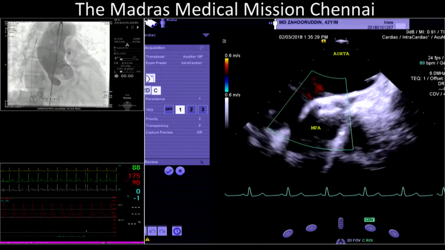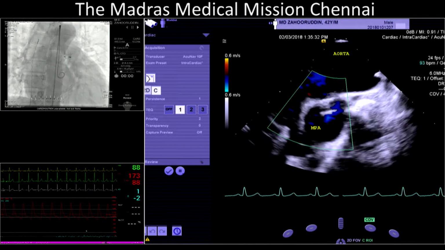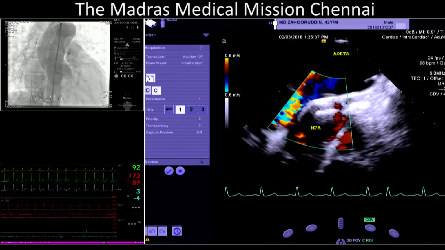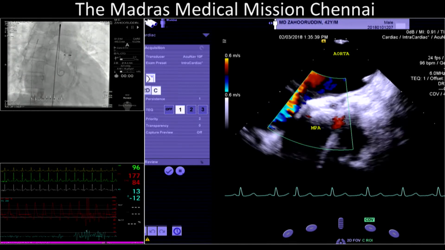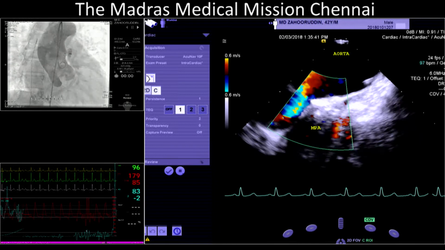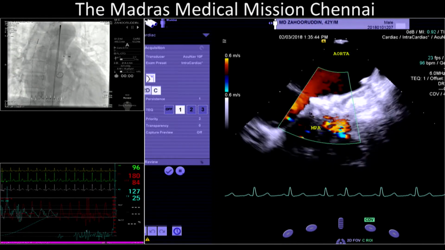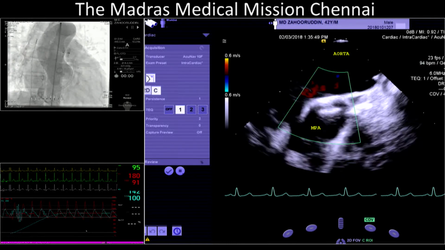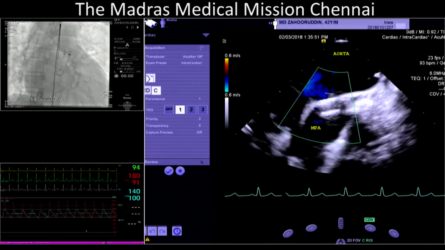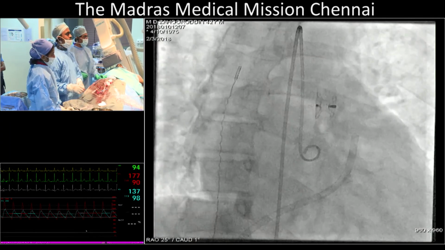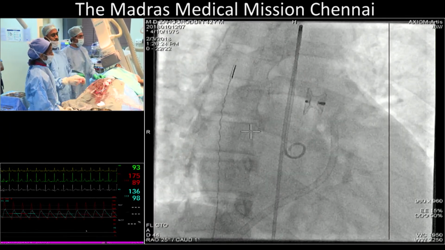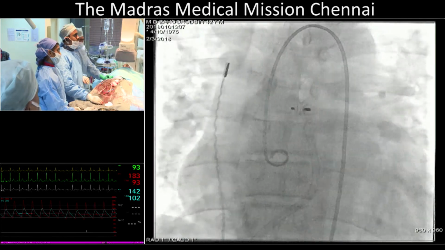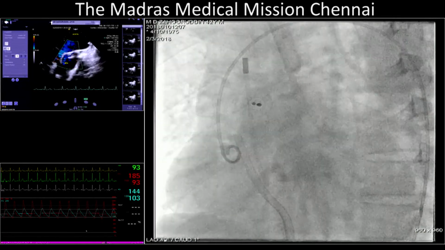Did you apply now the... No, it was the long sheath. I'm going to give through the long sheath right now. Yeah. Okay. Give. Are you ready to give about 30 ml? How much is there? Yeah, 27. Give the 27 ml. Go to a LAO cranial projection. To around 30, 40. Give. No, not so much.